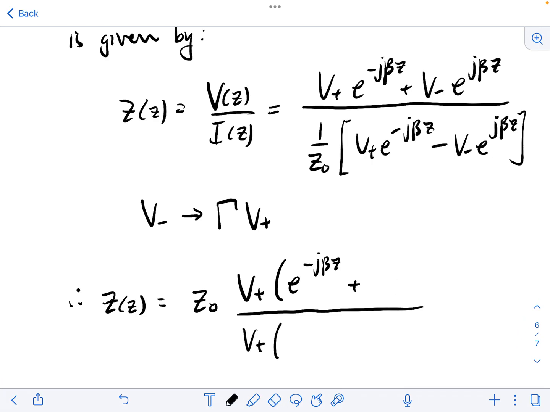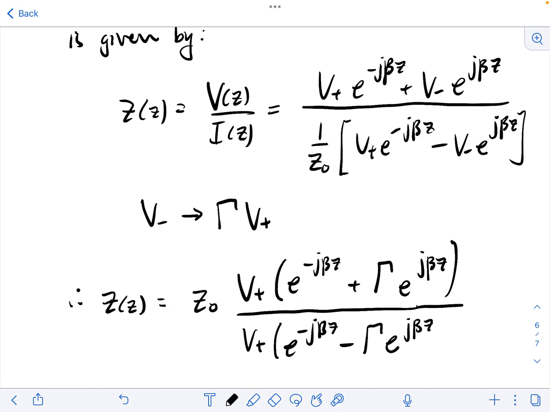We factor out the V plus, but we still have a gamma and e to the j beta z. And then the denominator, e to the minus j beta z, and then it's minus gamma e to the plus j beta z. And of course the V plus cancels out. That's convenient because now we have this impedance just written in terms of things we know.